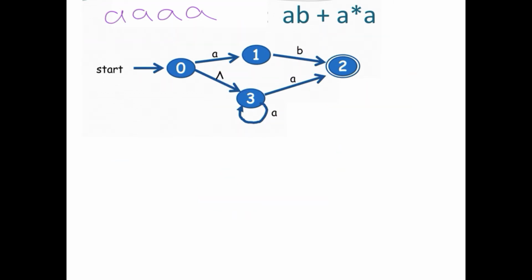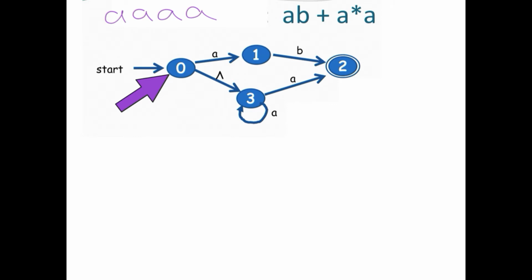So let me clean up the screen again. And this time, instead of magic, we're going to keep track of all the places we could be at any given time. When we start, we think of ourselves as starting at state 0 because that's the start state.